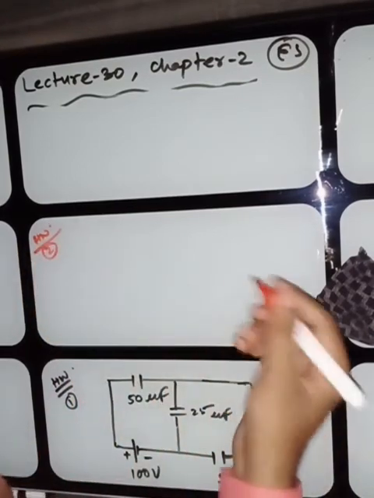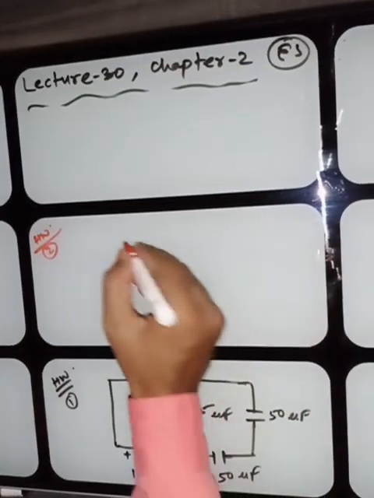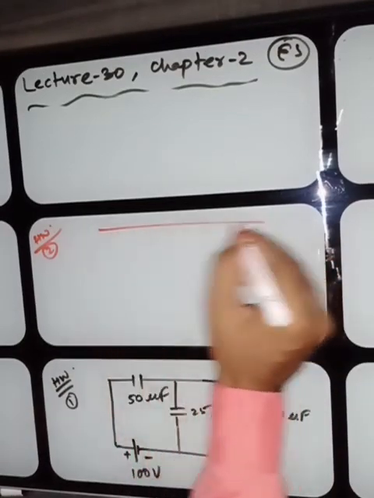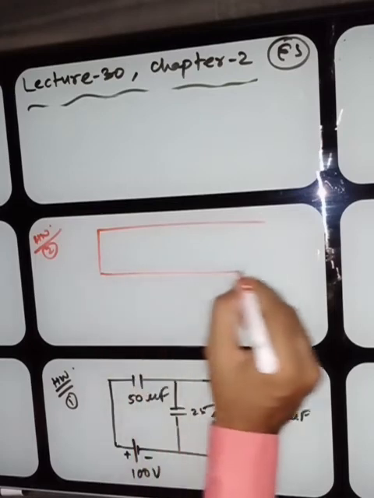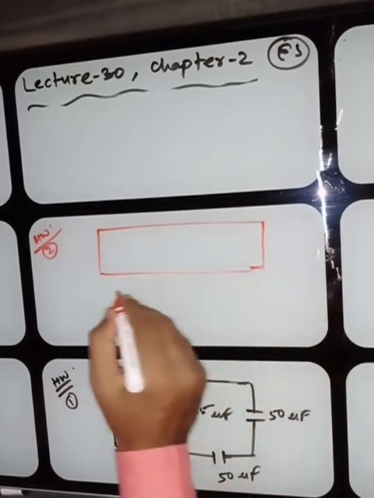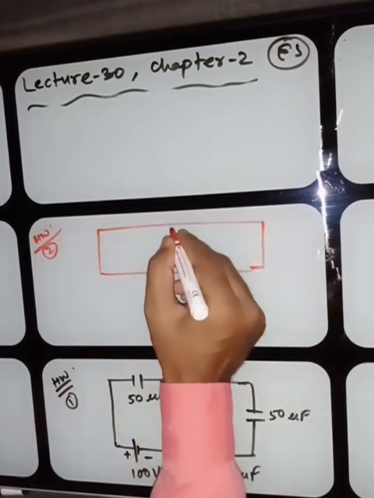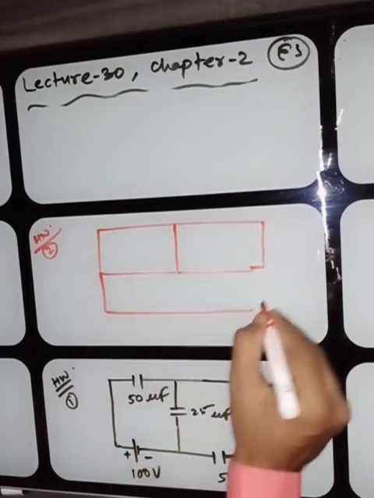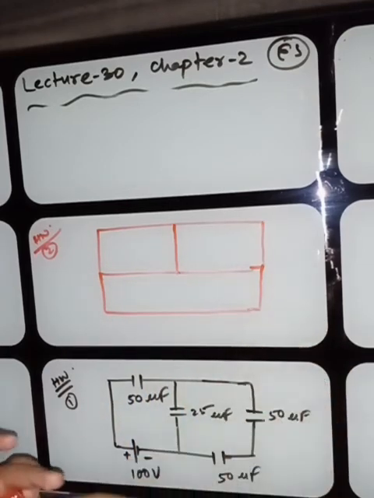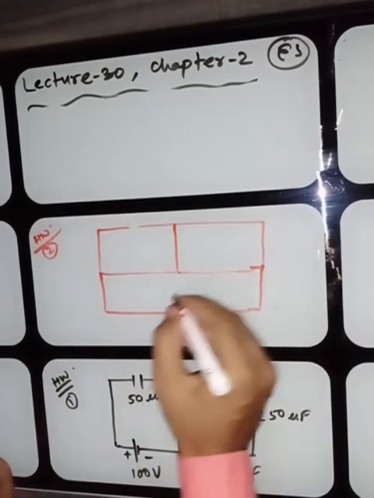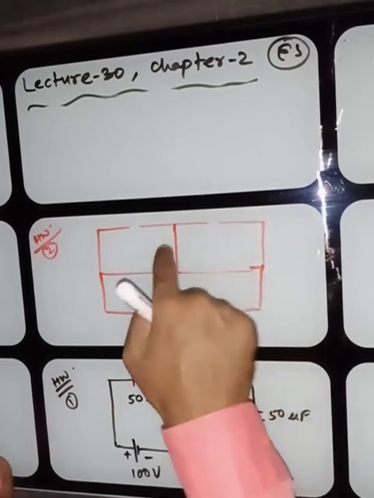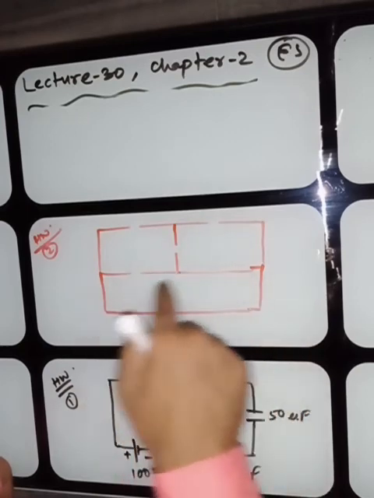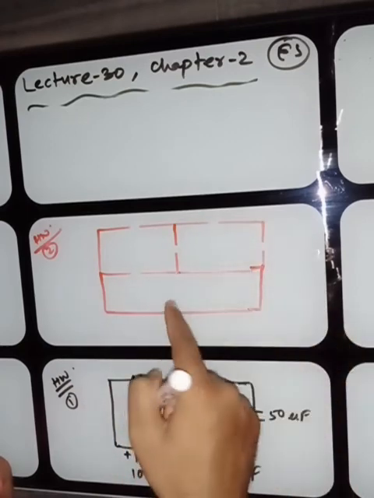A little bit of change I'm giving you in this particular home assignment. I'm arranging here three loops.